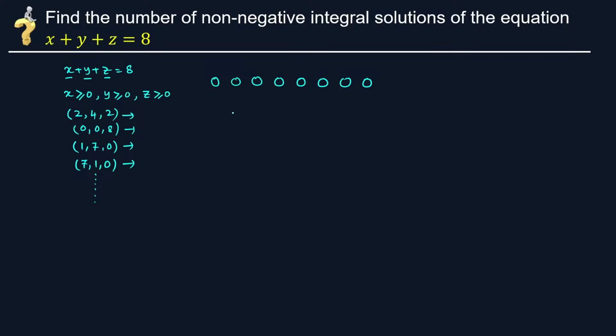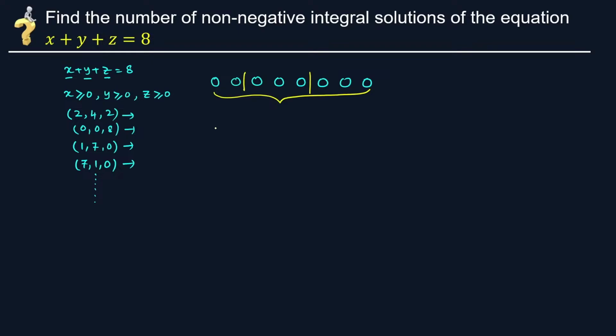So let me just introduce 2 separators, because these 2 separators are going to divide these 8 objects into 3 groups. So the total number of ways in which these 8 identical objects and these 2 separators can arrange among themselves will give us the total number of solutions that this equation can take.